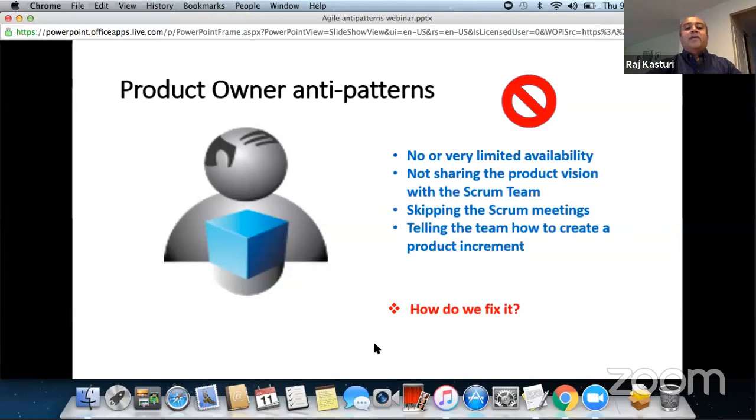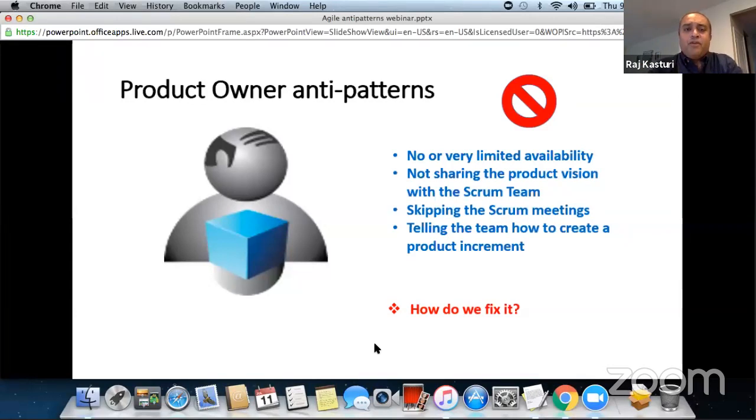So it's kind of like directly telling them how to do the work. So as long as they don't interfere too much on the solution, leave the solution to the team as to how they are going to develop. So that's what I mean when I say the product owner is dictating the how, right? So leave it to the team.